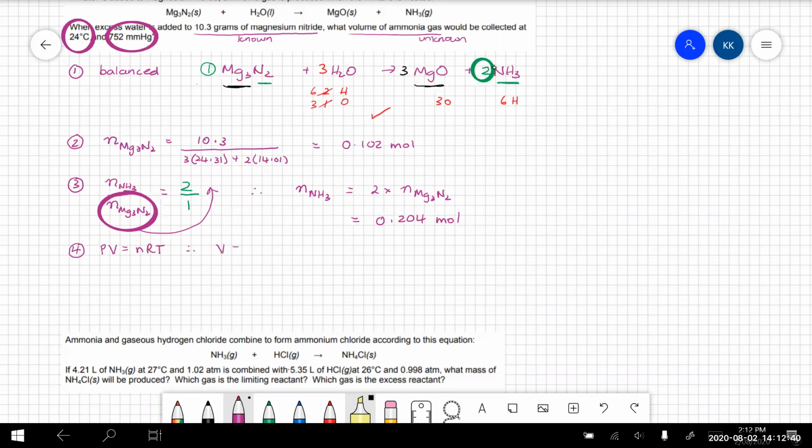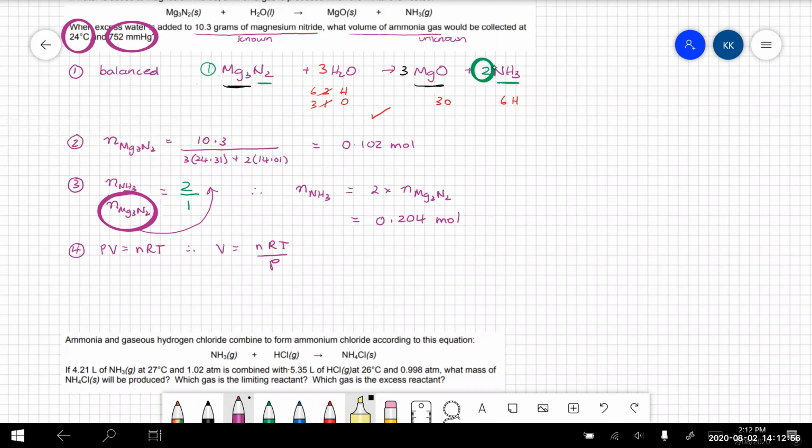So volume is equal to nRT over P. But we have a little bit of work to do because we are given our pressure and our temperature in units that are going to need converting.